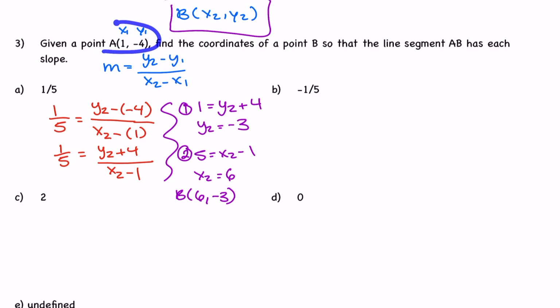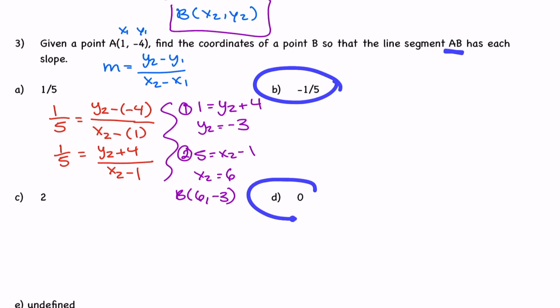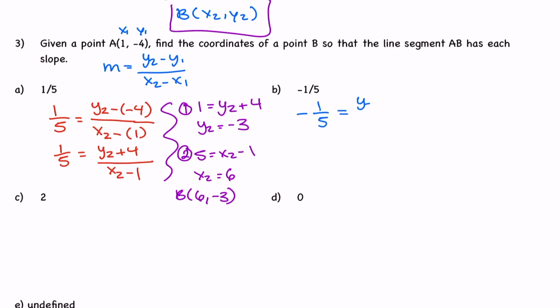And since the same point is used in the line segment AB with these various slopes over here, we can reuse the same equation but just changing the slope each time. So let's do question B. So for question B, our slope is negative 1 over 5, and that's going to be equal to y2 minus y1, which is negative 4, so y2 plus 4, divided by x2 minus x1, which is 1, so x2 minus 1.